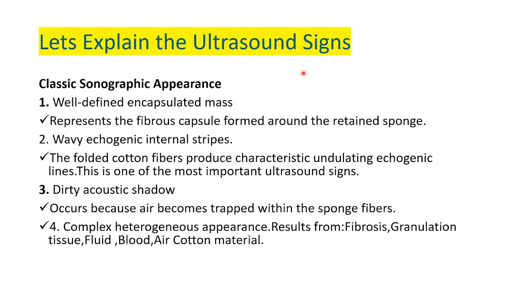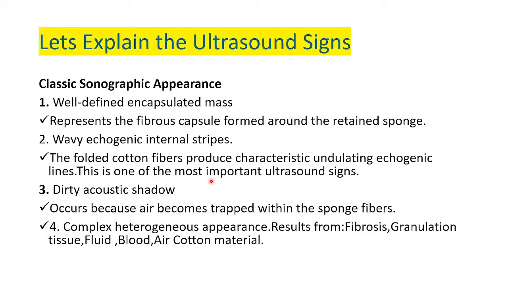Let's explain the ultrasound findings. Classic sonographic appearance of a gossypiboma: number one, a well-defined encapsulated mass, which represents the fibrous capsule formed around the retained sponge. Number two, wavy echogenic internal stripes. The folded cotton fibers produce characteristic undulating echogenic lines.